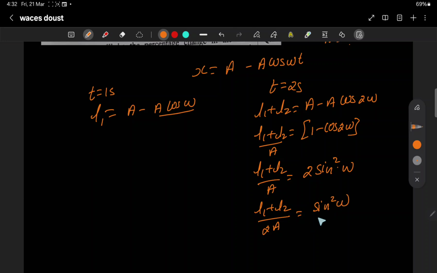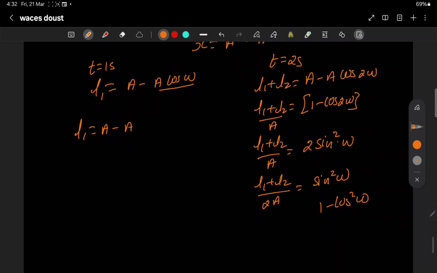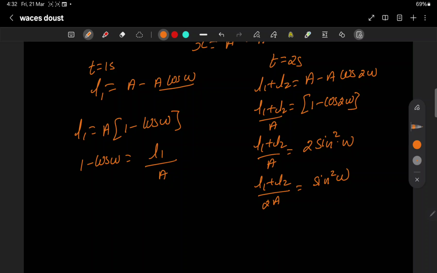Okay, then what will be your cos omega? So L1 is equal to A minus A cos omega. Here taking A common, you will get 1 minus cos omega, which is equal to L1 by A, correct?